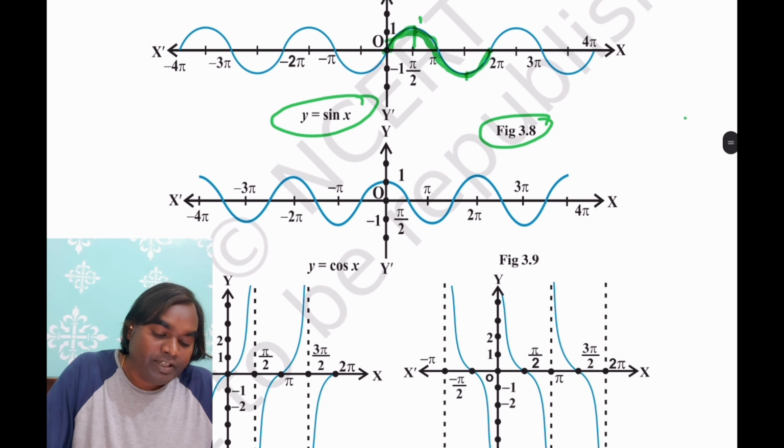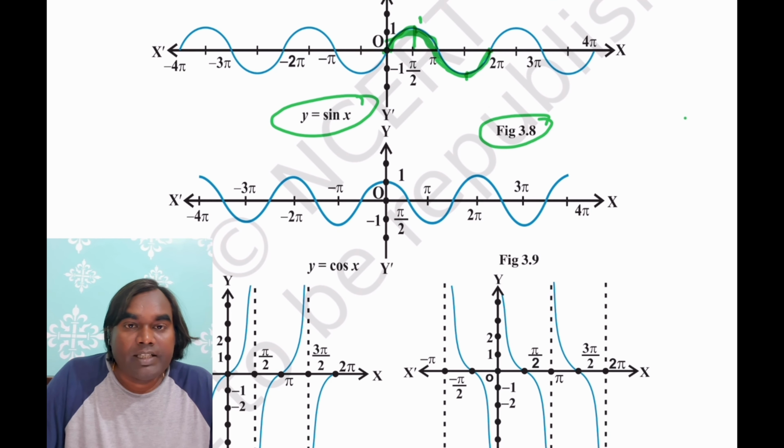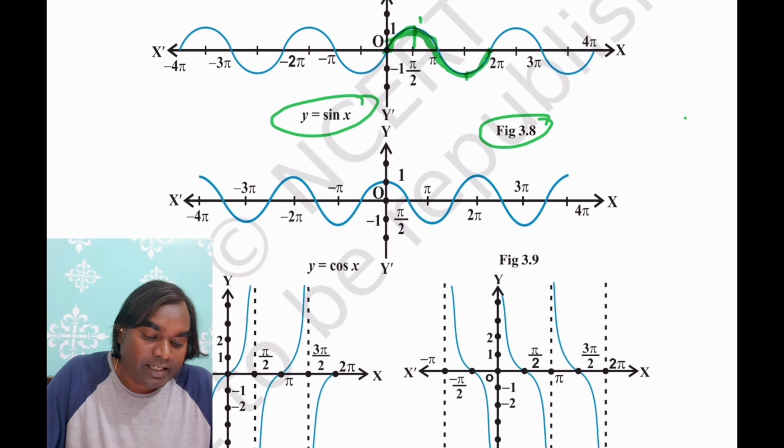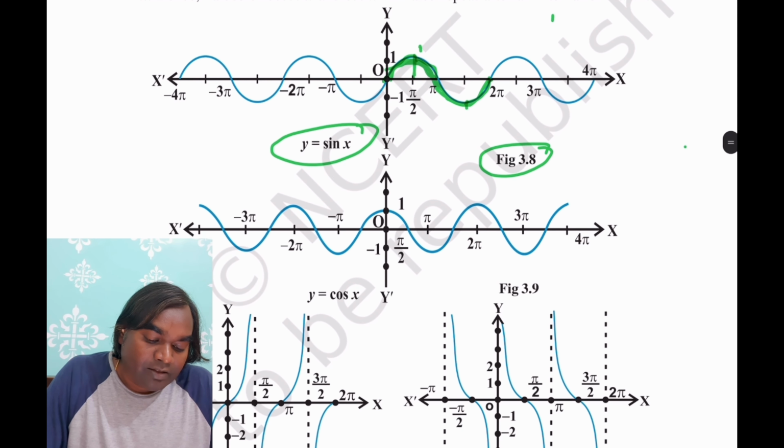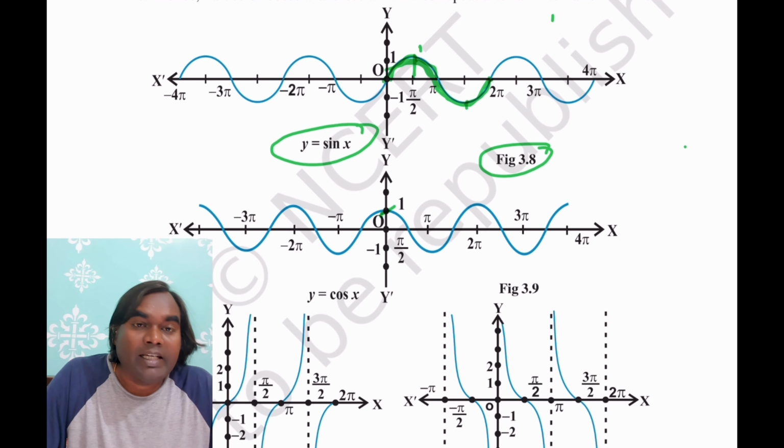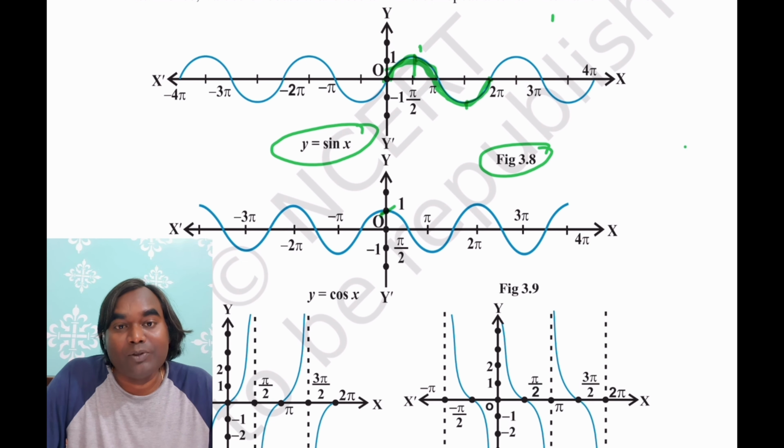Now the variation of cos x: you can see that when x is equal to 0, the value of cos x is maximum, that is 1, while the value of sin x at angle 0 is 0. So when sin x is 0, cos x is 1. So they are out of phase by pi by 2. Correct?